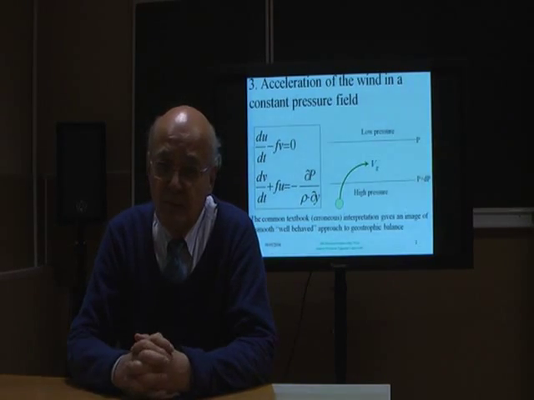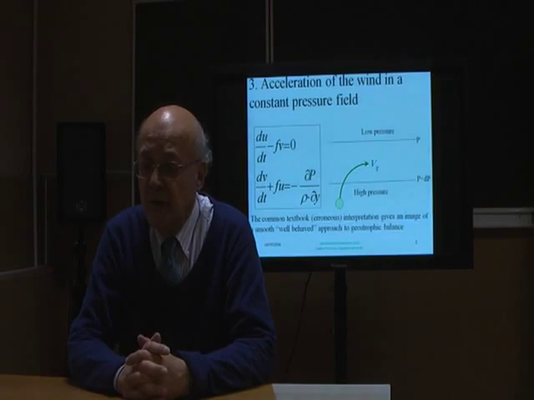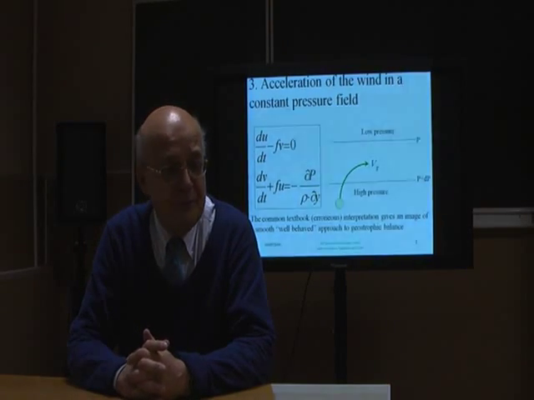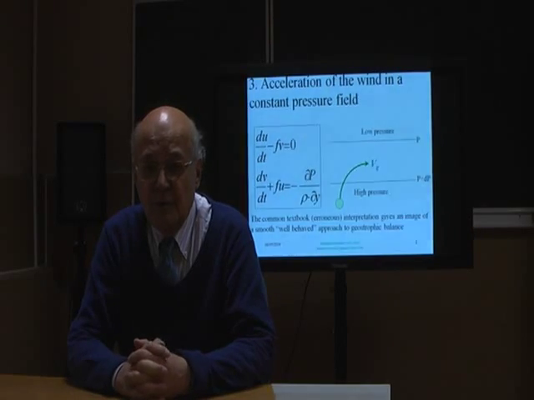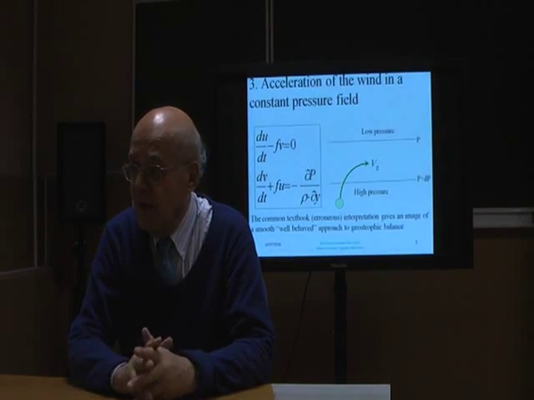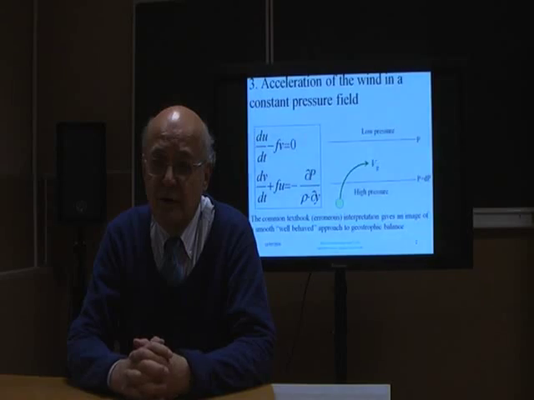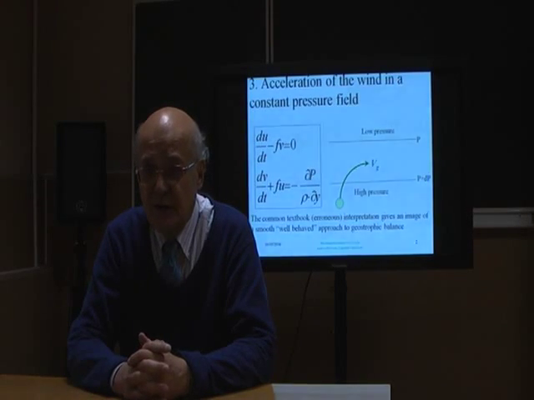You find it in many textbooks and in many more places over the web. It's an example where the mathematics is correct, but the interpretation is crucially wrong. The mathematics shows the acceleration of an air parcel in a constant pressure gradient. So the equations are quite right.